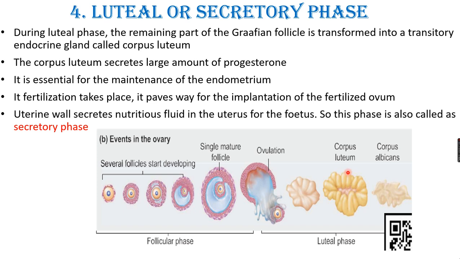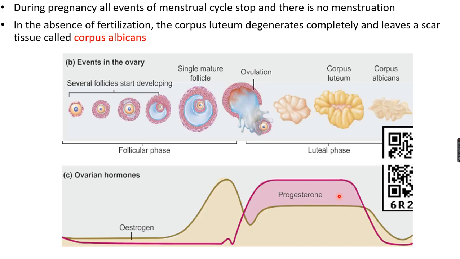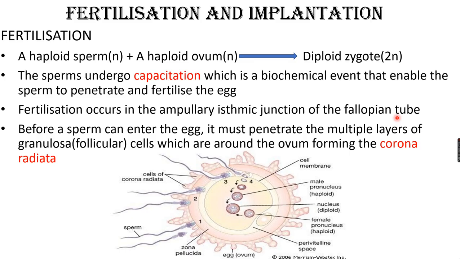If there is no fertilization, the corpus luteum degenerates into the corpus albicans. The uterine wall secretes a nutritious fluid in case fertilization occurs, so it is also called the secretory phase. If fertilization does not occur, the corpus luteum degenerates and is converted into a scar tissue called the corpus albicans.